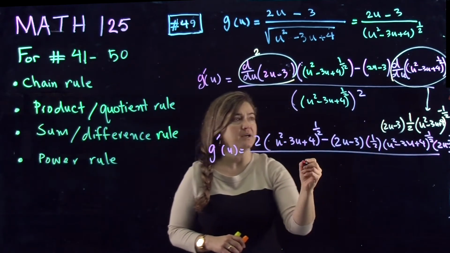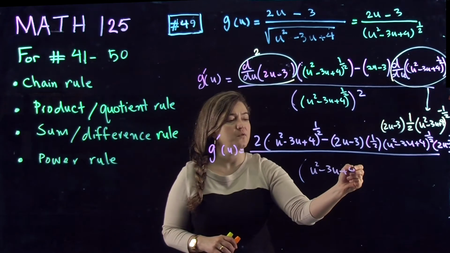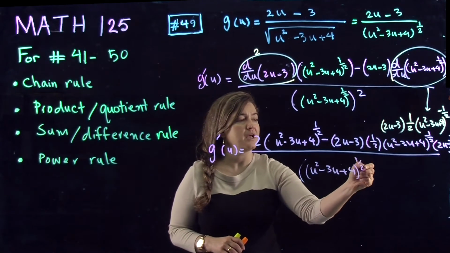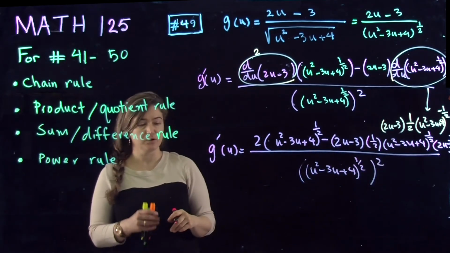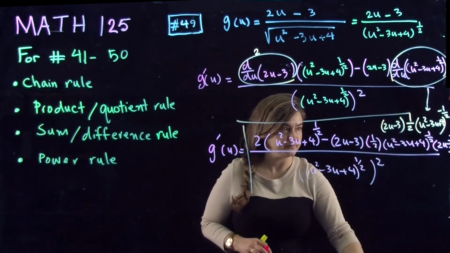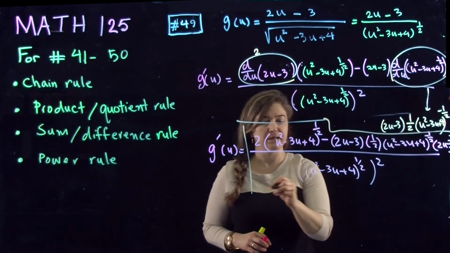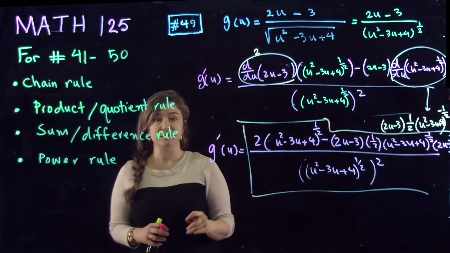Then divided by u squared minus 3u plus 4 to power 1/2, the entire thing to power 2. You can enter this in your Gateway exam. No need to simplify.